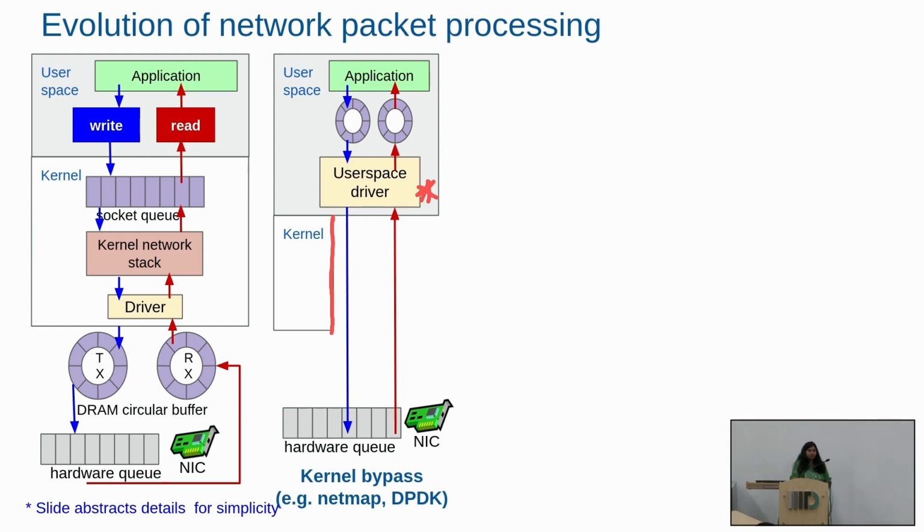But that's only good if you want to take the raw packet and send it out. If you want to do TCP processing on it, you'll have to build your own stack here. So depending on the use case, this may be better if you don't want to run a TCP stack. This technique is called kernel bypass, and some popular solutions here are NetMap and DPDK.